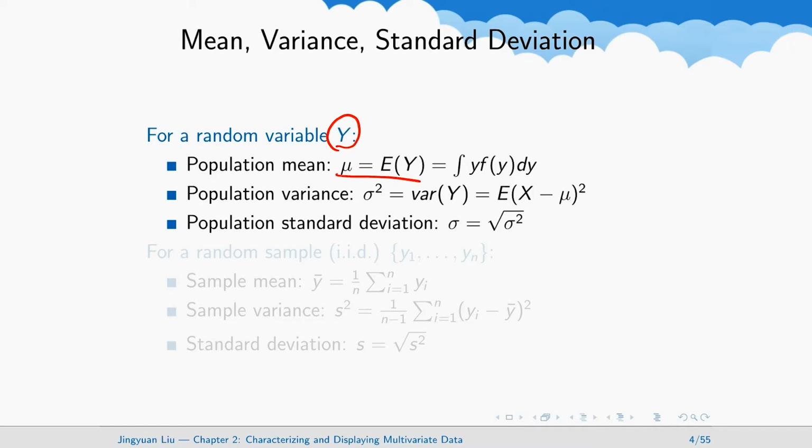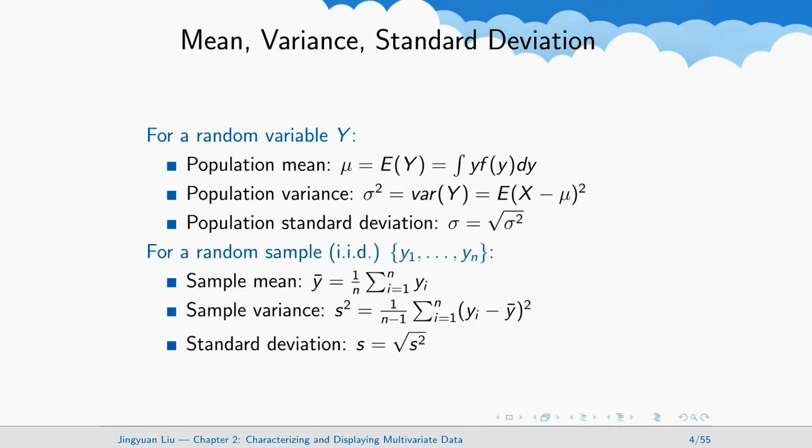We call it mu here with this definition. And also we can define its variance, sigma square, or sometimes you call variance of Y, which is defined using this expectation. So here, Y minus mu, okay? Square. And also the population standard deviation, which is the square root of the population variance.